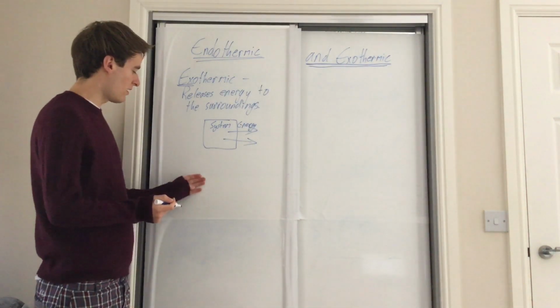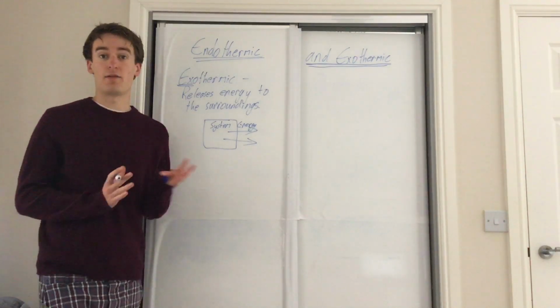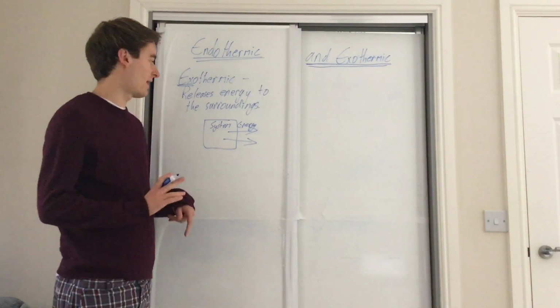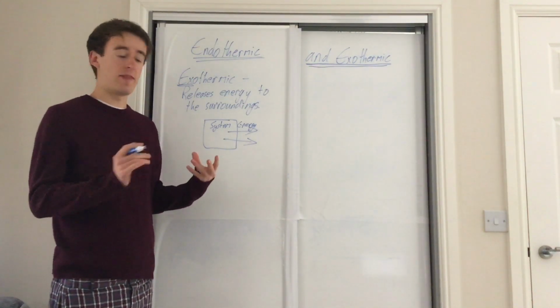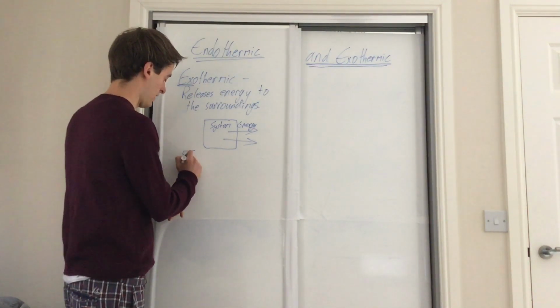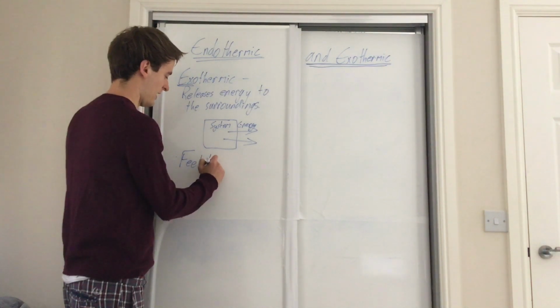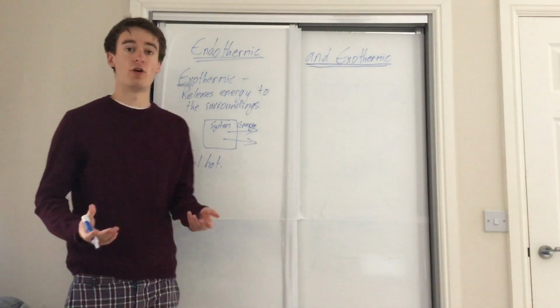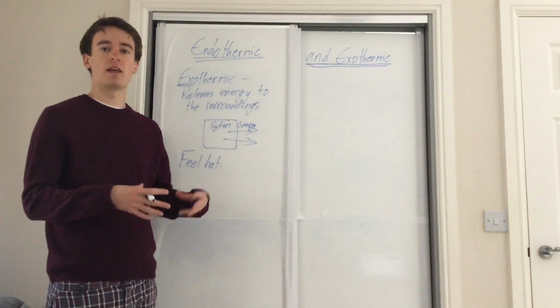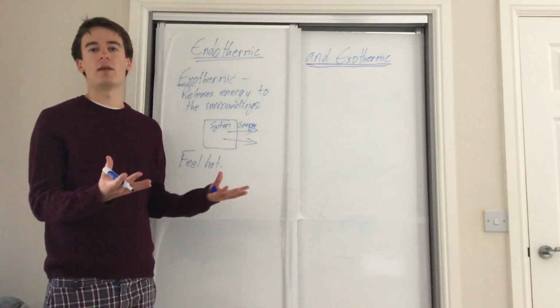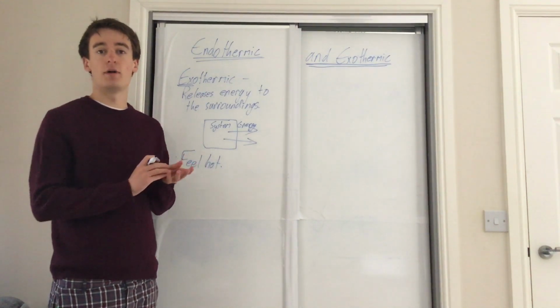And what we now need to think about is how this would actually feel and how we would go about identifying this. So if energy is being released to the surroundings, that would feel hot, okay? That is a reaction type that feels hot. Something like, for example, just combustion. Okay, if we think about our Bunsen burner burning methane, then that is combustion of methane.